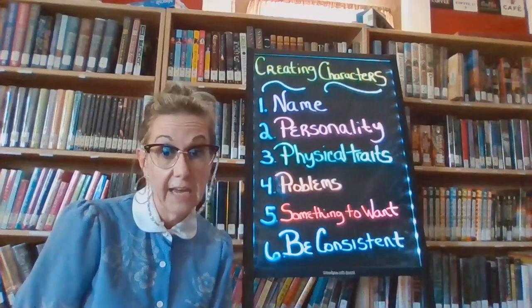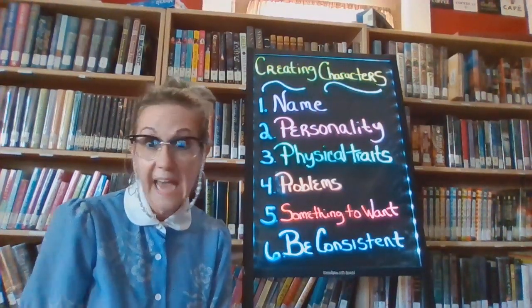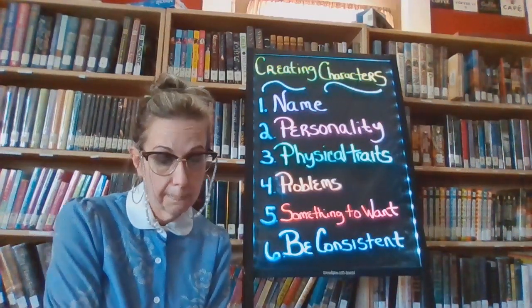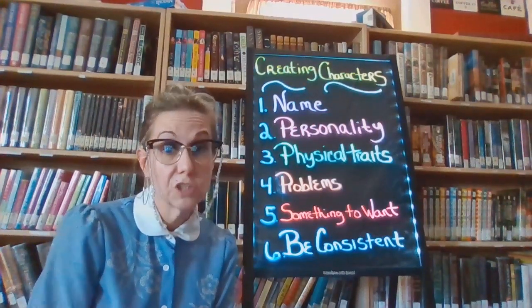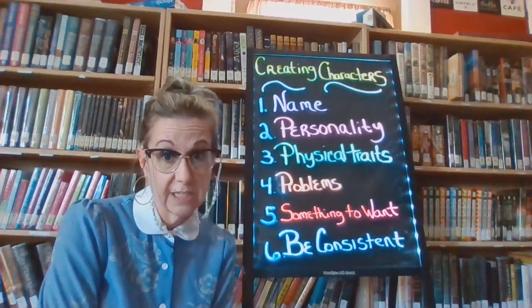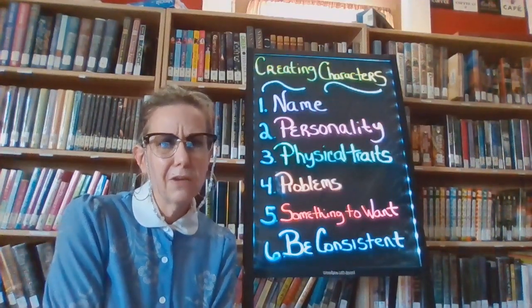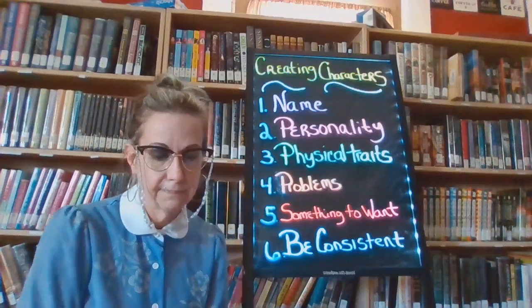Their hairstyle, it could be short, it could be long. Maybe they have a tattoo, or perhaps they have a scar. But whatever it is, you want to make sure that these physical traits that you're giving your character describe not only who they are, but what they look like so that your reader can visualize them.